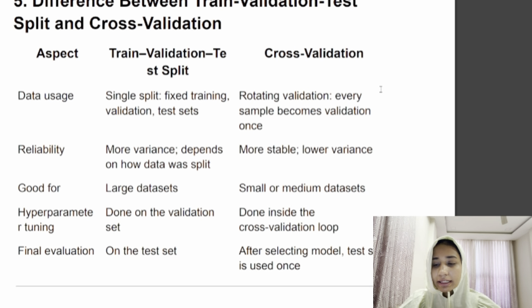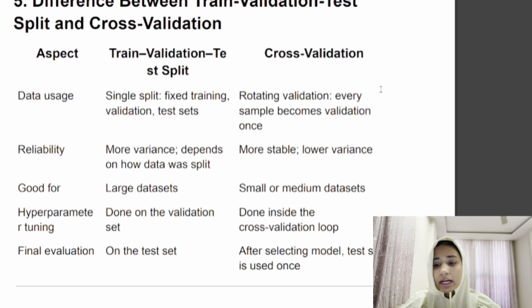For reliability, train validation test split has more variance, depending on how the data was split, while cross validation is more stable with low variance. Train validation test split is good for large data sets, because with cross validation we would have to repeat the iteration k times. Cross validation is good for small or medium data sets.